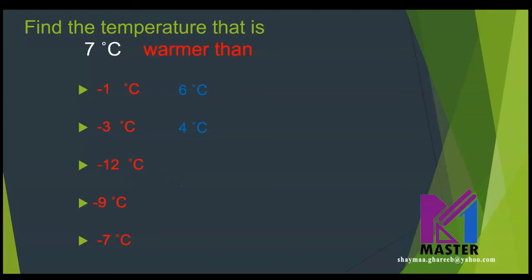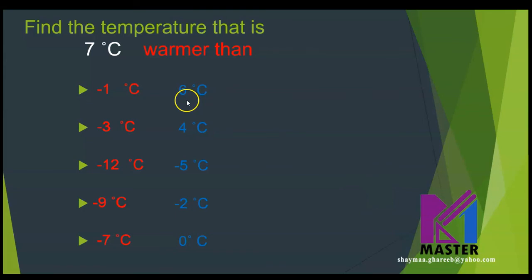Negative 11, negative 10, negative 9, negative 8, negative 7, negative 6, and negative 5. From negative 9, it will be negative 8, negative 7, negative 6, negative 5, negative 4, negative 3, and then negative 2. From negative 7, we're going to reach 0.